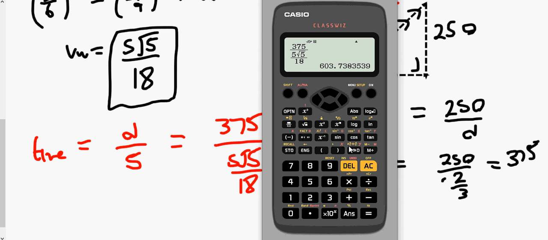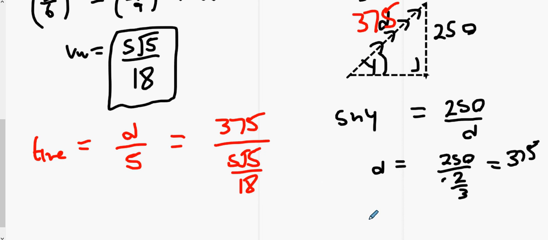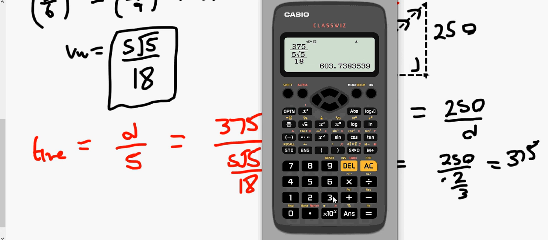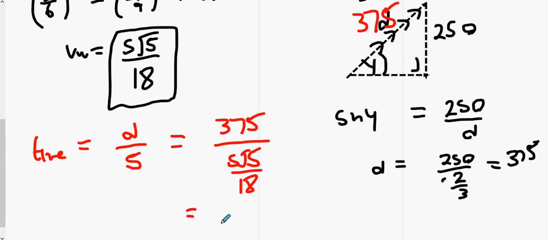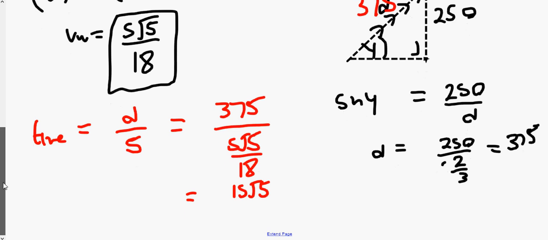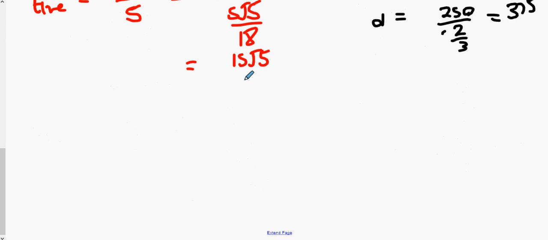Oh, it didn't come out as a third. That is very frustrating. Okay, let me see what I can do with that. 375 divided by 5√5. Yes, 15√5. Okay, so it's 15√5 divided by 1/18.